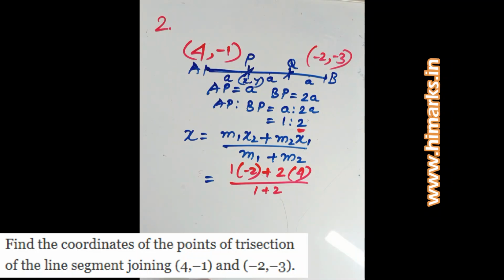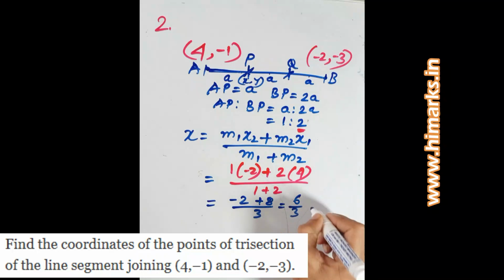So this value you have to put very carefully. Now we simplify. -2 plus 8 by 3. So this gives 6 by 3. This gives the coordinate point as 2.